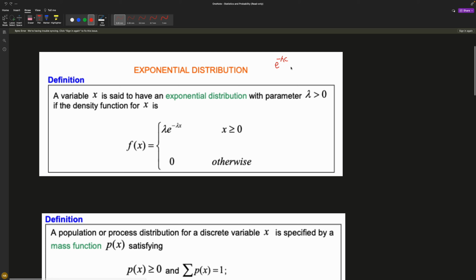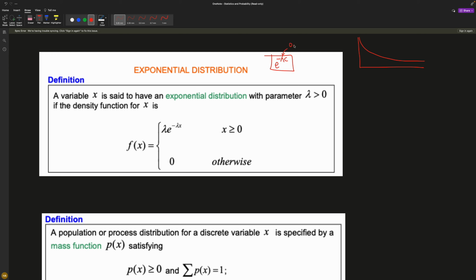Now, what does this function give you? Let's say this is our exponential distribution. Remember this one thing, and for exponential distribution this is really all you have to worry about: your function, after you integrate, is this. Whatever you plug in, your lambda will be given in a question.